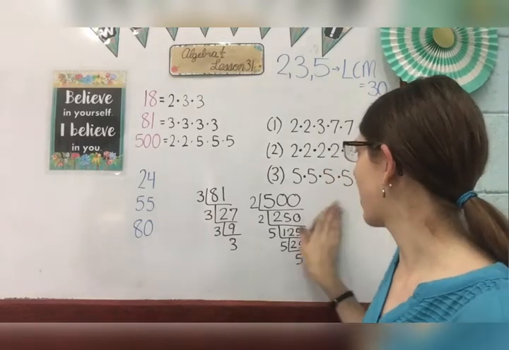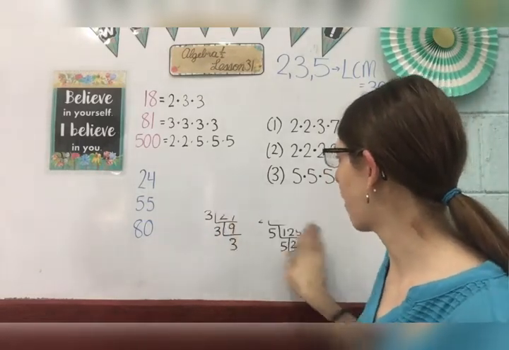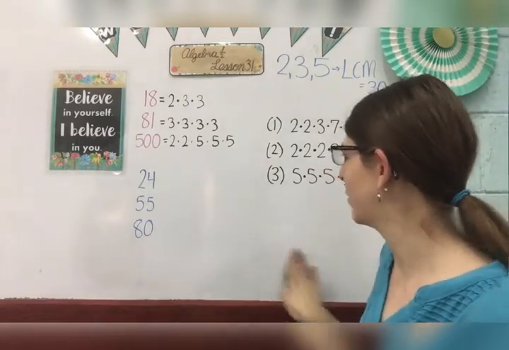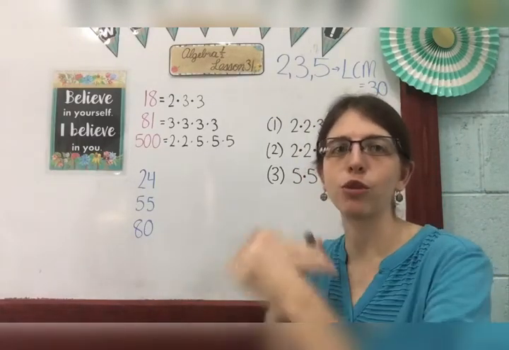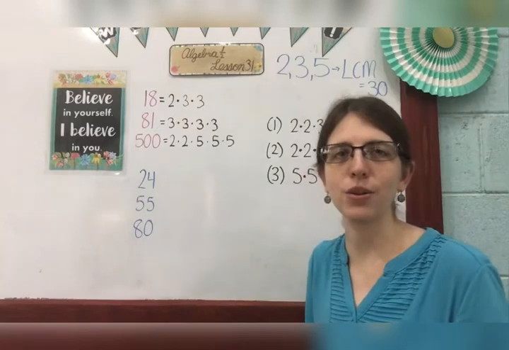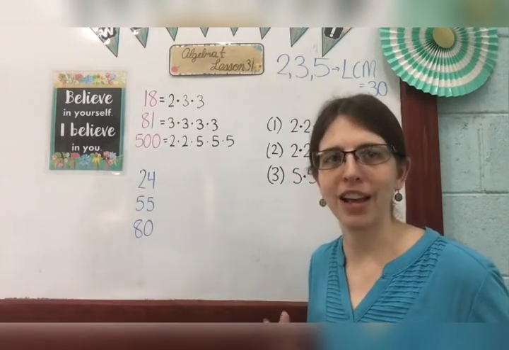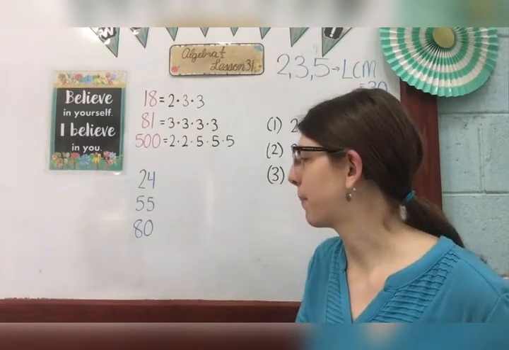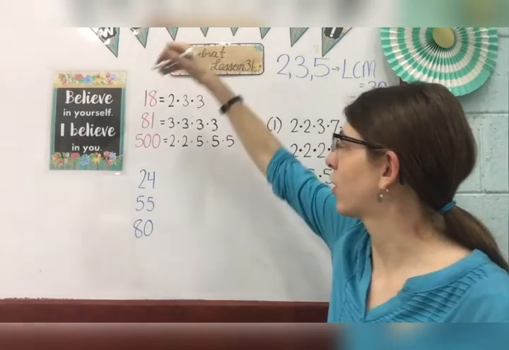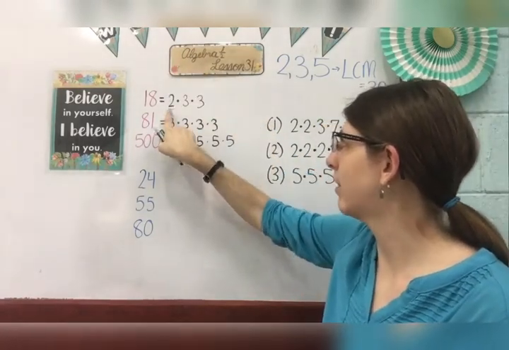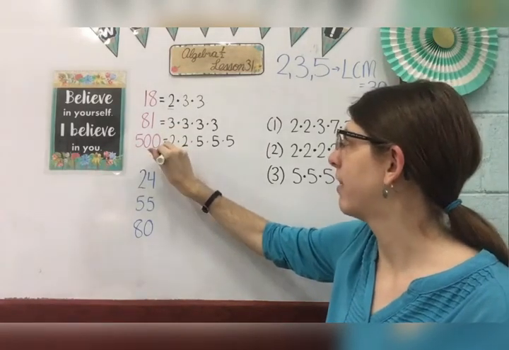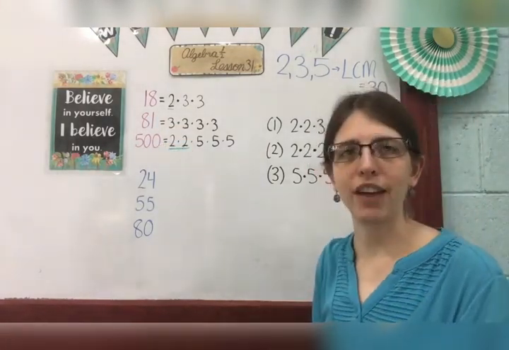So I said that my next step is to take the prime factors of these numbers and to take each factor the greatest number of times it's used as a factor and multiply them all together. For example, the first one is a 2. It's used one time here, none in 81, and twice for 500.